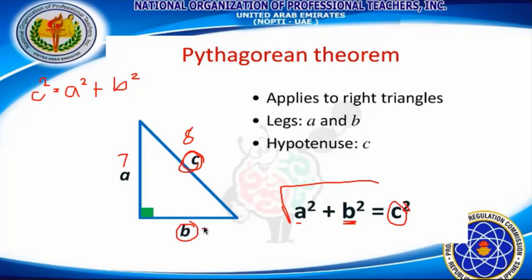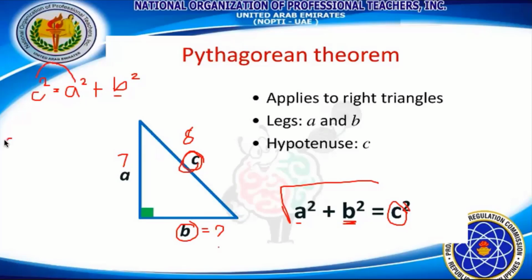Eto ang hinahanap. So, you can use the Pythagorean theorem, eto, B. So, anong gagawin? Derive the formula. Diba, sabi natin, yung unknown, siya lagi ang iniiwan dyan para makuha mo yung formula. So, transpose A to the other side.